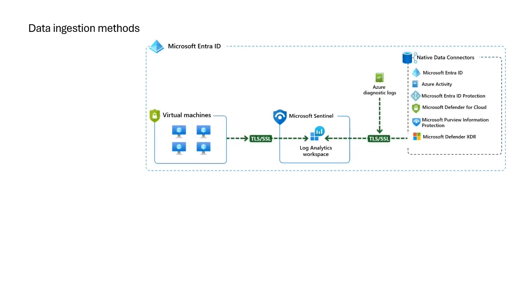As we build out and start populating this environment, we have things like virtual machines, Azure services with diagnostic logs, and native connectors to the Microsoft ecosystem, all of which can be brought into the Log Analytics workspace and be fed into Microsoft Sentinel.